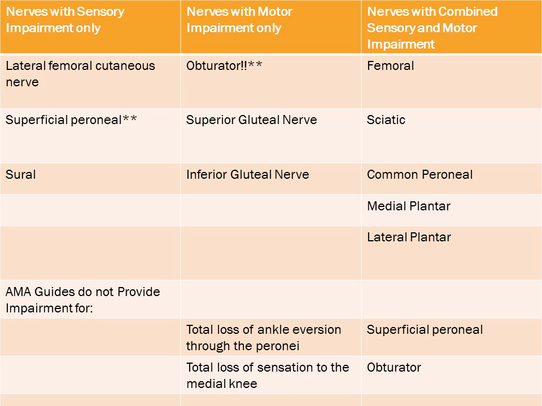So once we've identified the nerve structure involved and determined the maximum impairment available for that nerve, we can then go on to step 5.